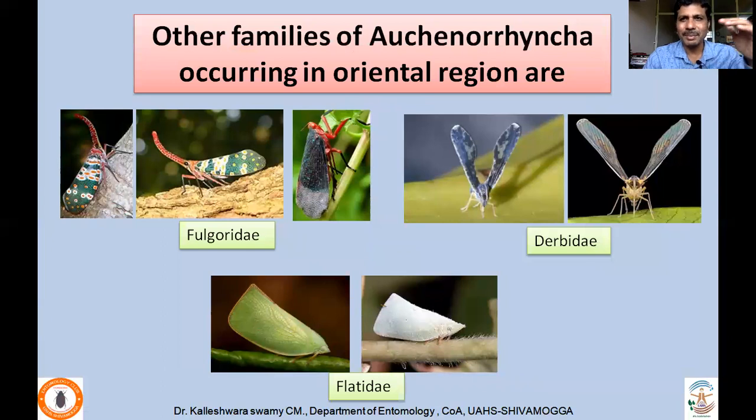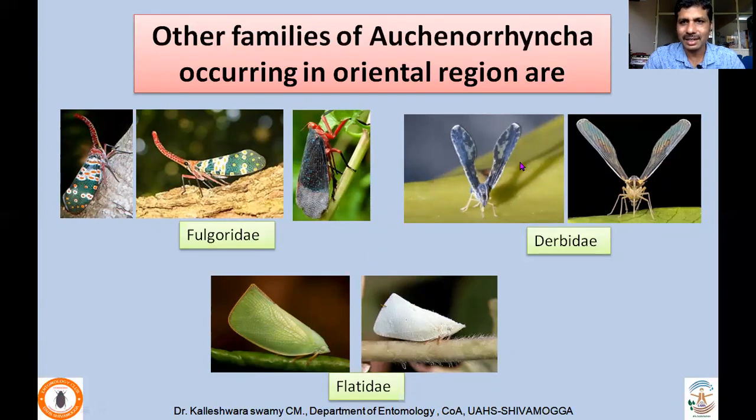So those are the economically important families, but this is a comparatively large suborder. Many of them do not have economic importance, but still many of them are very attractive. That's why I'm listing a few photographs, because whenever you go for an expedition or collection, you may come across this type of insects, so try to collect those as well. These are Fulgoridae, Fulgorids, a pair of species very common in the Western Ghats in India.